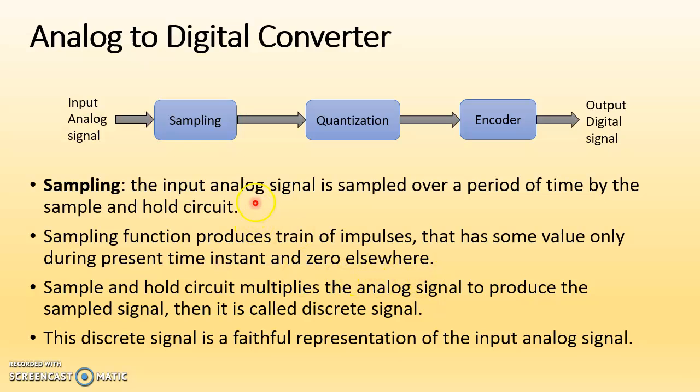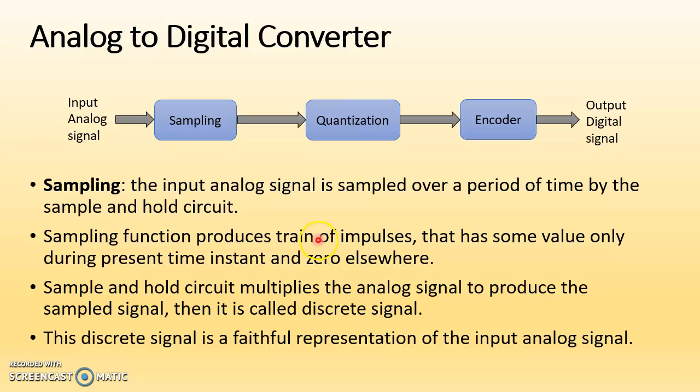For example, at different instants it has different values, and where it is not present, 0 in the remaining region. It basically multiplies the analog signal to produce the sampled signal. Then it is called a discrete signal. This discrete signal is a faithful representation of the input analog signal. That is the function of sampling.